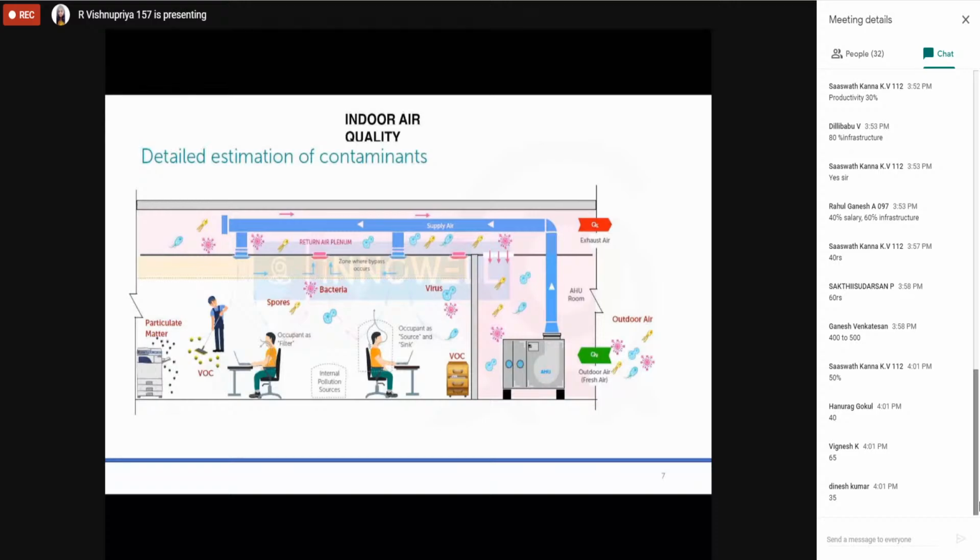Since our topic is relevant to IAQ, you should be aware of this. ASHRAE also has its own fresh air calculation. You have to go through it in detail and come up with your response. Maybe during the discussion after this, you may have to know the exact fresh air quantity. Everybody download those for information, and please let me know.